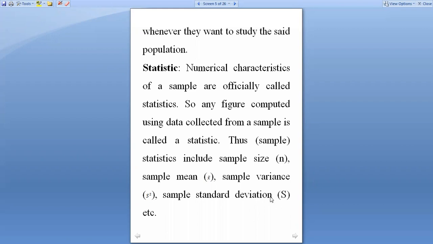Meaning that any figure which you will find, even if it is not among these ones we have mentioned, but it was calculated out of a sample, you know that that is a statistic. Let's proceed.